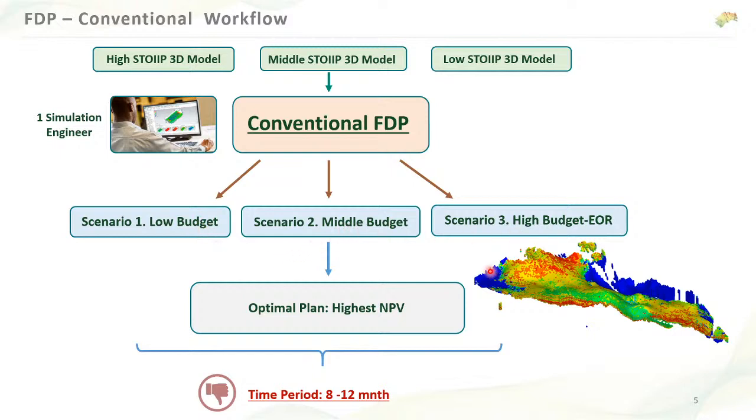And then based on that, the optimal plan is identified. So this is, of course, the conventional and very rigorous process, and it can take quite a bit of time, even up to a year. And we see that the simulation engineer is the person who's taking all the load on his shoulders in this situation.